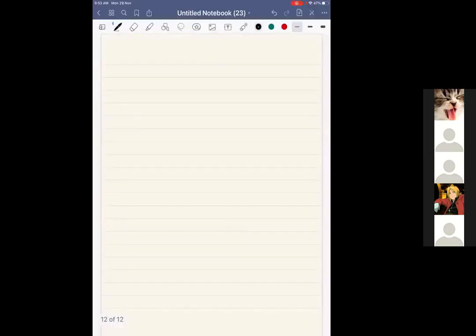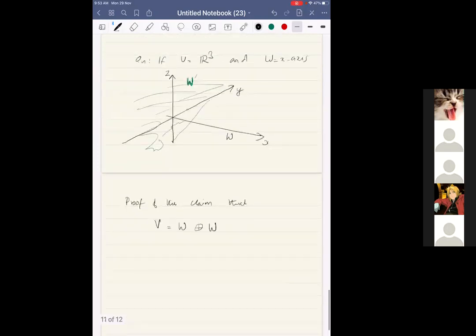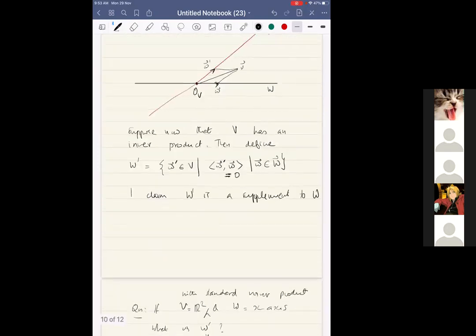Okay, so now the proof of the claim. We need a notation for this special choice of W prime, which uses the inner product. The standard notation is W with this sign, often said as W perp.